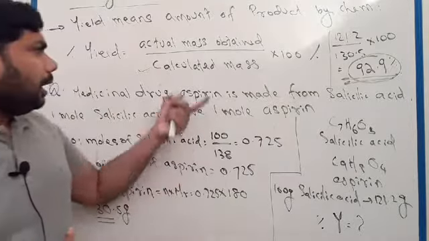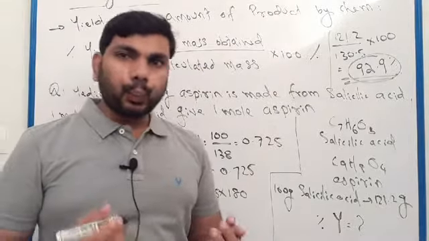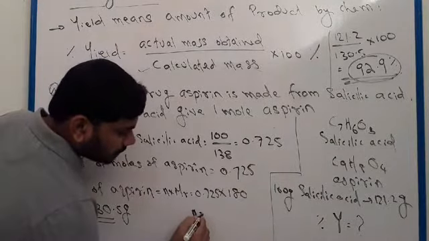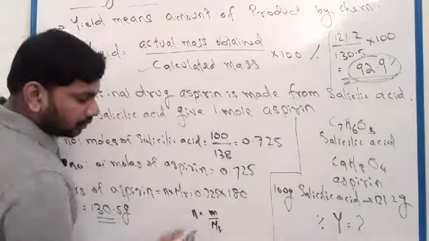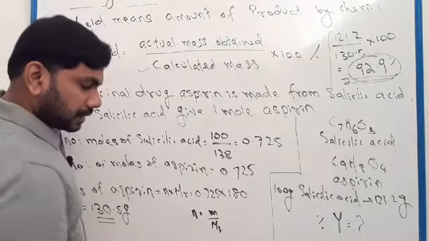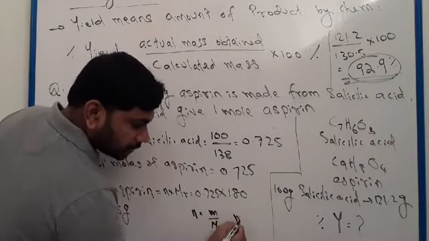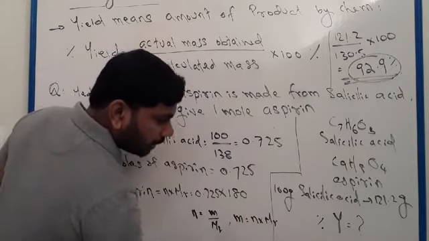Calculated mass means, we know number of moles is equal to mass divided by molecular mass. By rearranging this equation, we can find mass of the substance equal to number of moles times molecular mass.